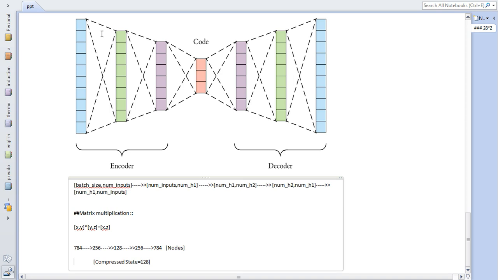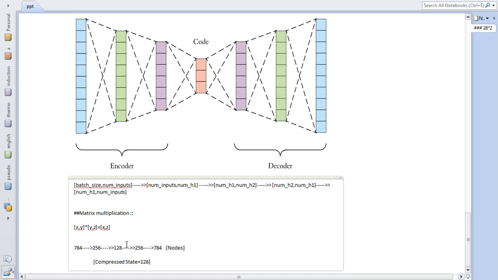So first, let's say we have an image of 28 by 28, so we will have 784 dimensions. Using this encoder decoder scheme, we will convert this 784 to 256 dimensions and then into 128 dimensions.